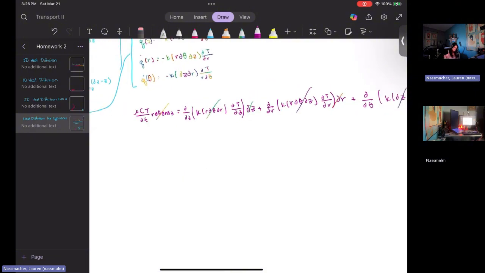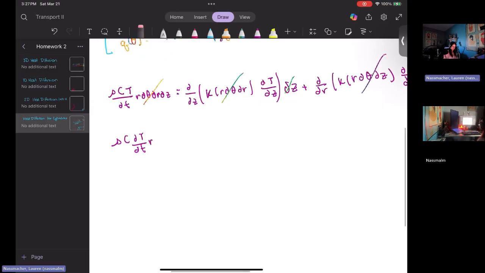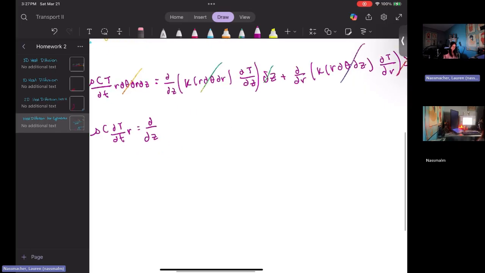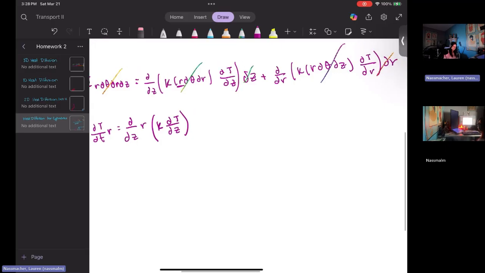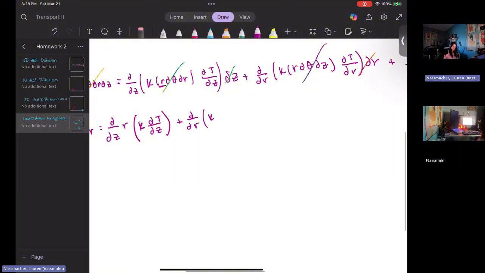And so if we simplify this even further, we'll put that there for the sake of later. So multiplied by our radius, that's going to be equivalent to our derivative change in z direction, and we can remove our radius because there's nothing to derive it. So we're going to do multiplied by r, our thermal conductivity, multiplied by our change in temperature over our change in z direction. That's going to be added with our derivative of our change in r, multiplied by our thermal conductivity.